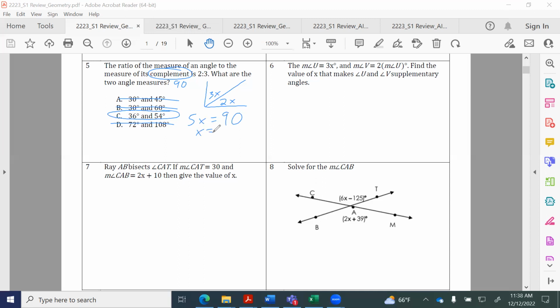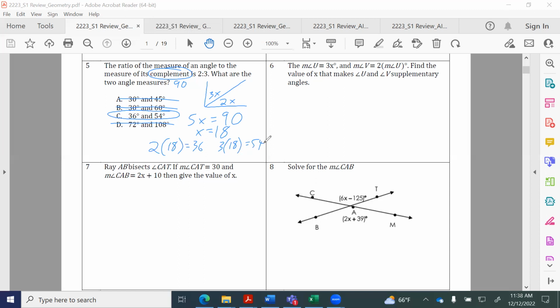Divide that by 5, and x is 18. Great. What is each angle individually? 2 times 18 is 36. 3 times 18 is 54. Again, that's the actual work that you would do on a problem like that. But again, sometimes when it's multiple choice, you might be able to eliminate things without even doing the problem.